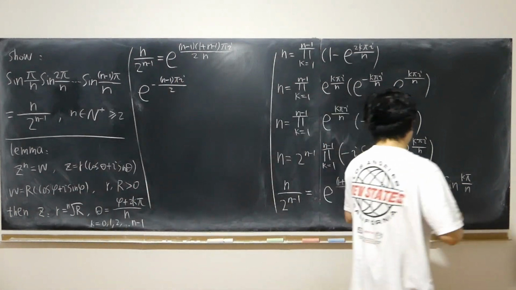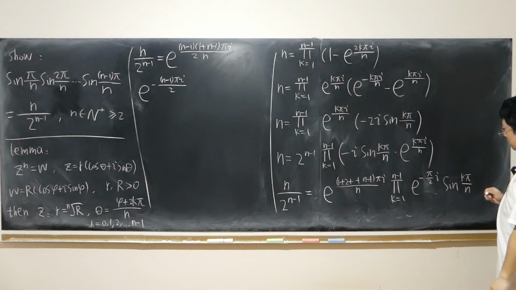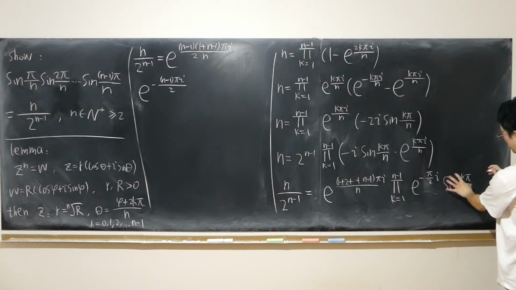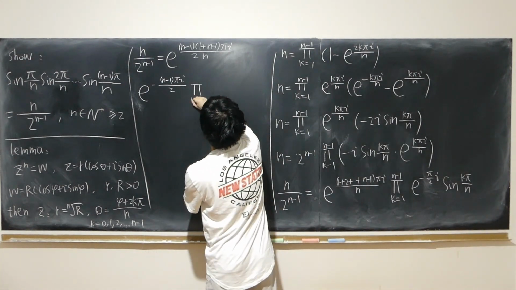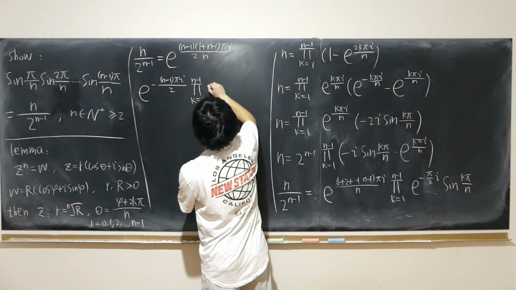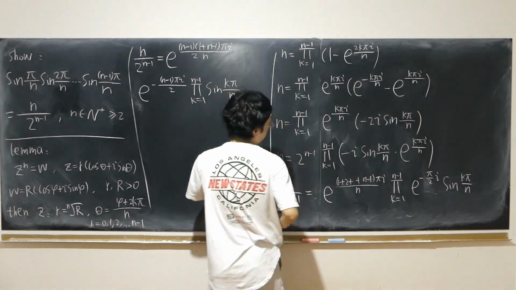Right, that's the result of multiplying this out. And so this product, let's copy that down. Product k goes from 1 to n minus 1, sine k pi over n.